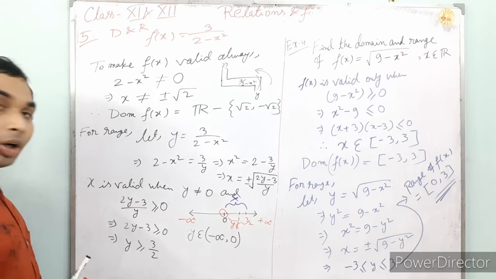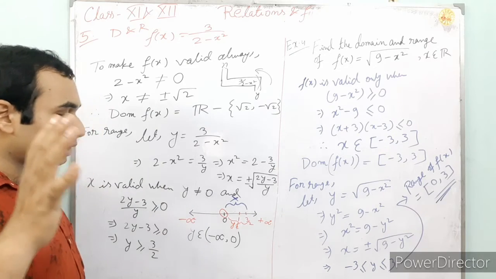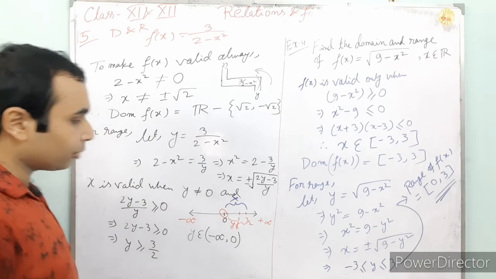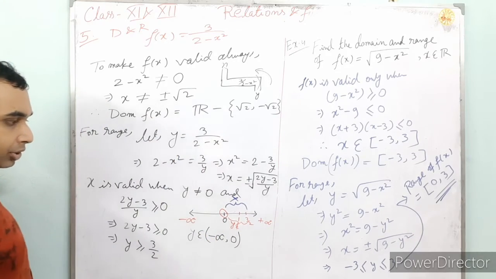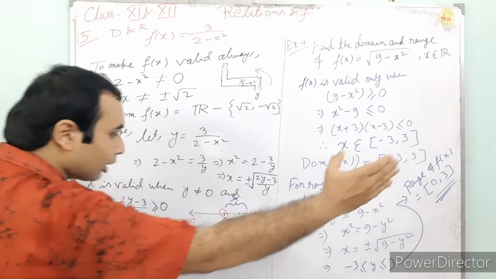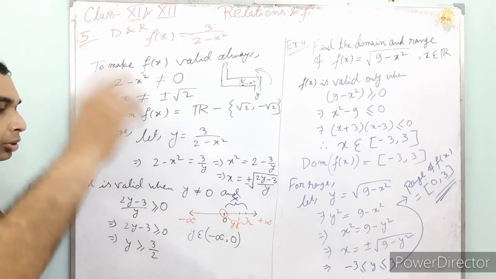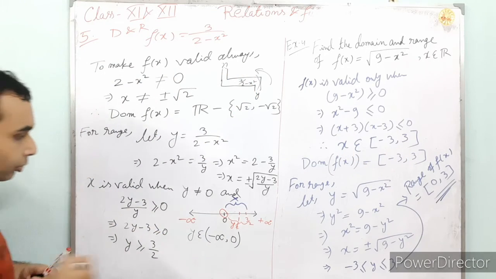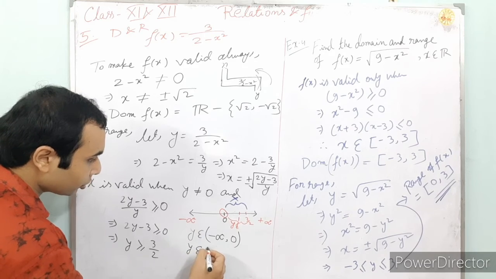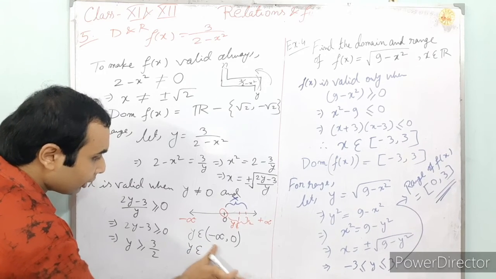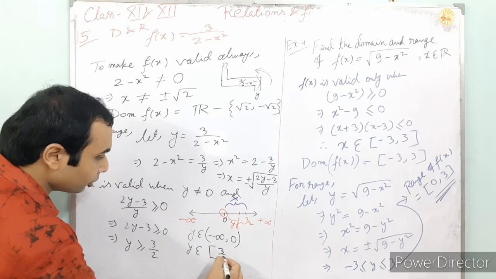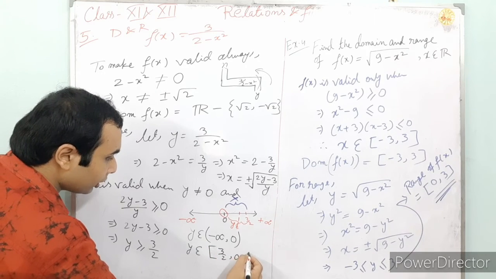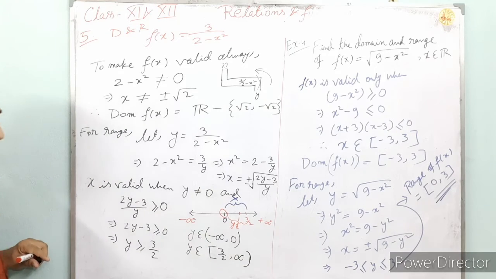I think you have got it. If you have any kind of doubts, then you can ask me. So y is not valid in this portion. That means y is taking all the values from 3 by 2 to infinity. So again we are getting y belongs to, here the left closed will be there, 3 by 2 to infinity. Here it is open.